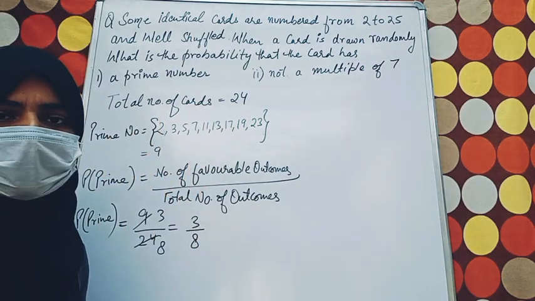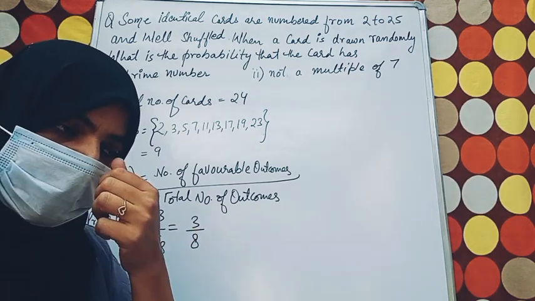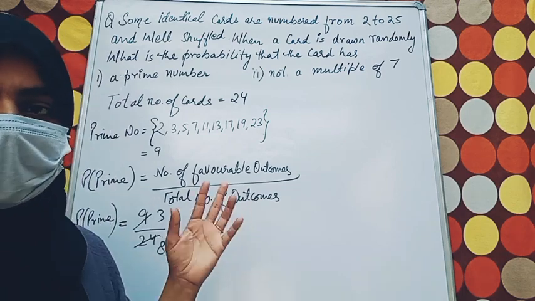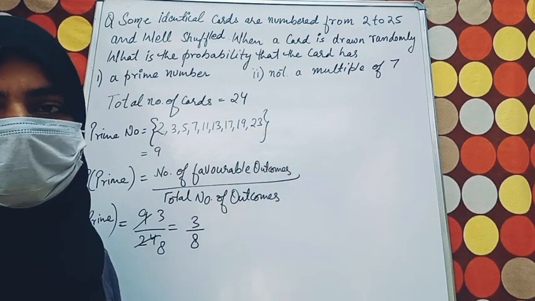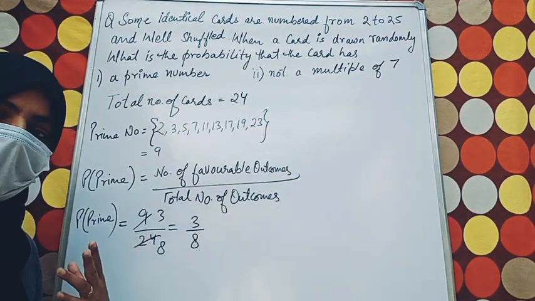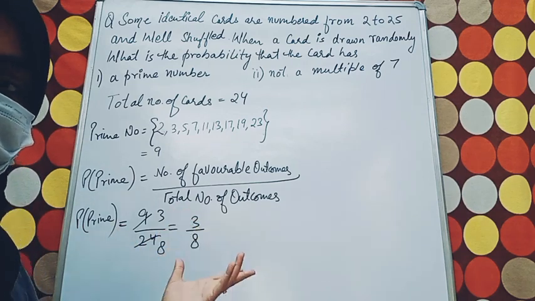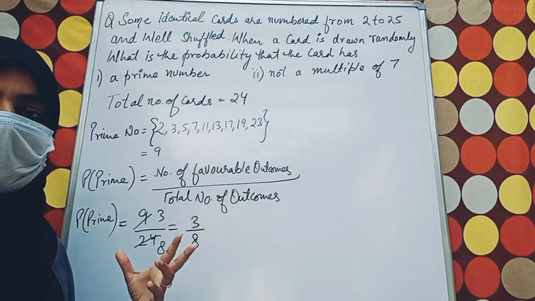Then our condition says to find the prime numbers, which are divisible by their own selves and 1. So 1 was not included. Then we got 9 prime numbers. And then we put the formula for probability: number of favorable outcomes upon total number of outcomes.